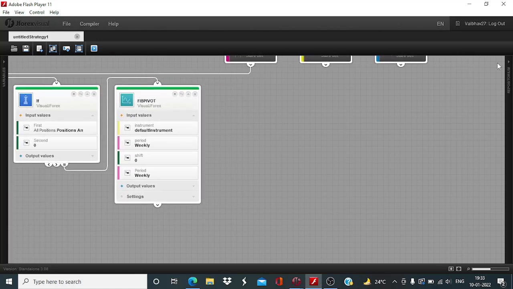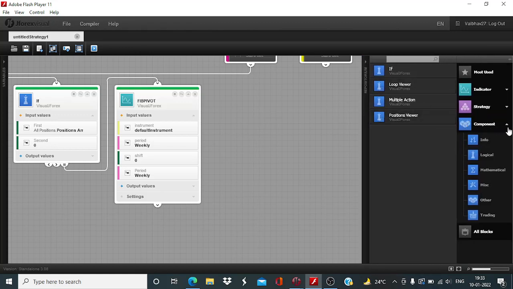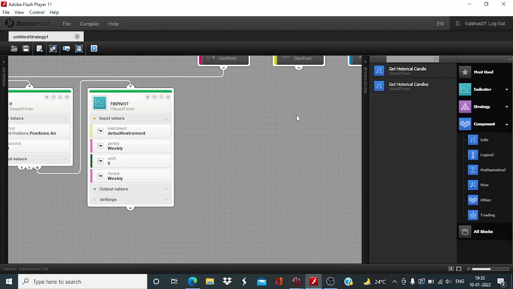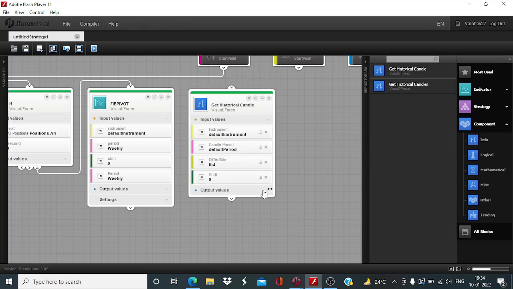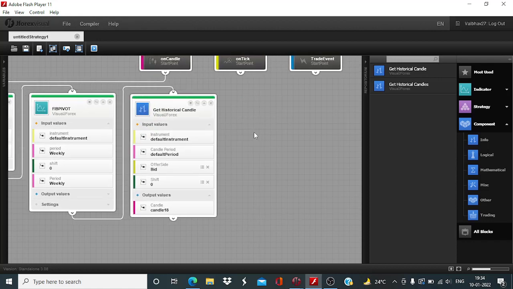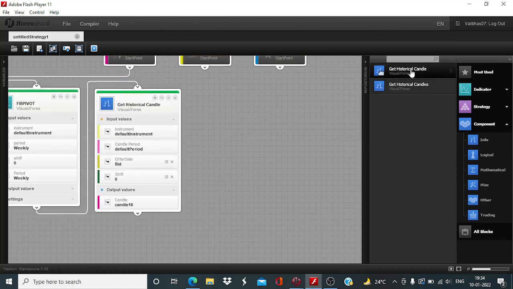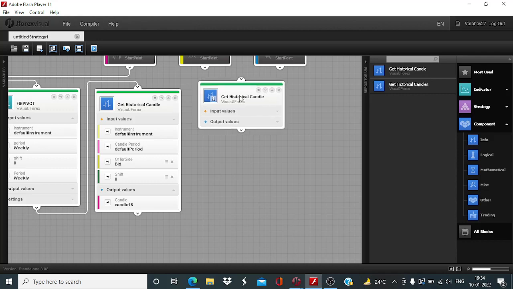Now we have to take the info data. For that we are going to rely on the get historical candle, and we will need a couple of hourly candles with different shift values. The look back period will be different for each of these hourly candles.